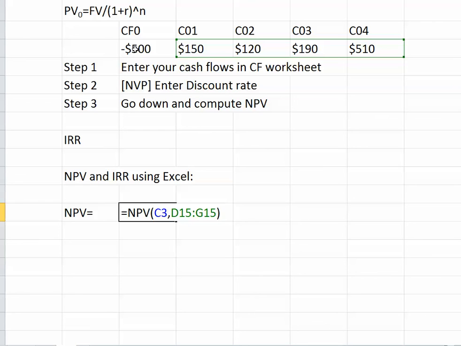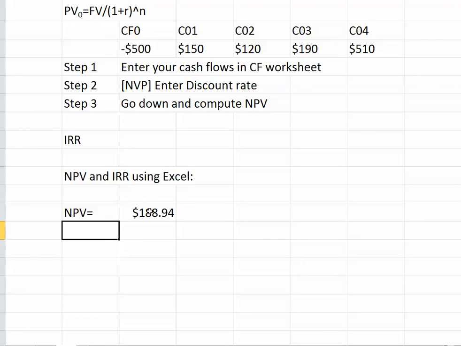But since in this Excel we already have that number as negative, what you need to do is plus the $500. It's going to give you net present value. So basically, net present value equals present value minus the cost. Let me show you one thing here. If you just do present value, what's going to happen here?